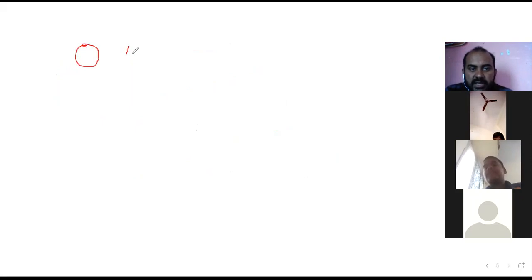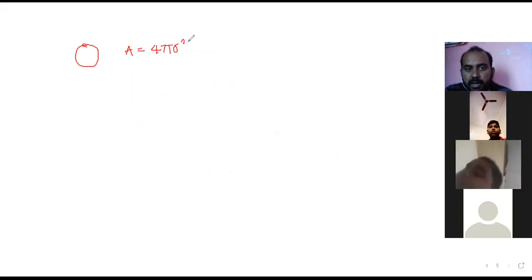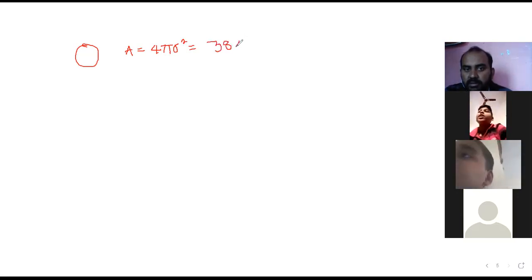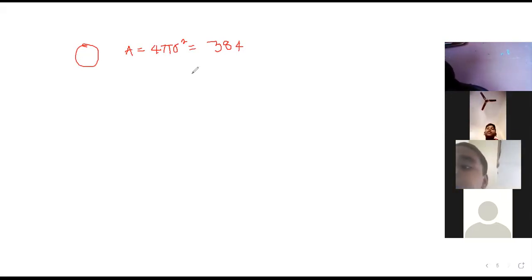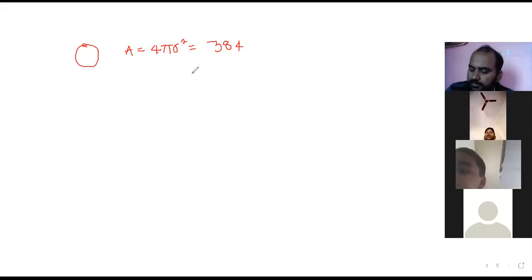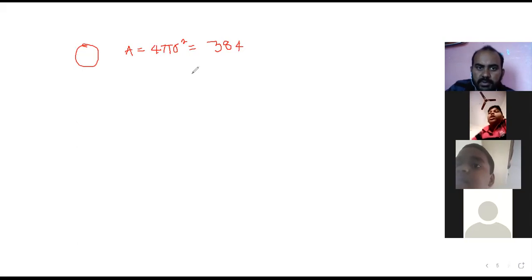Sphere area is equal to 4 pi r square. And what is the answer? They gave in the question 3844. Okay, similarly, then what to do?